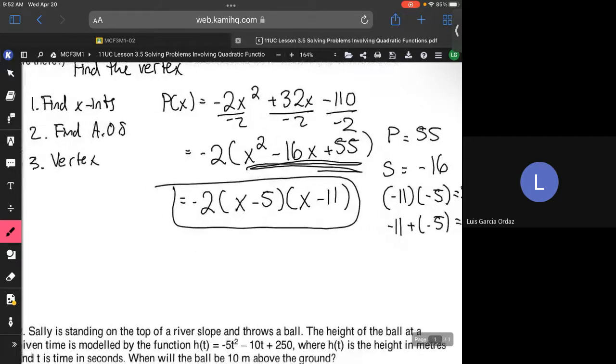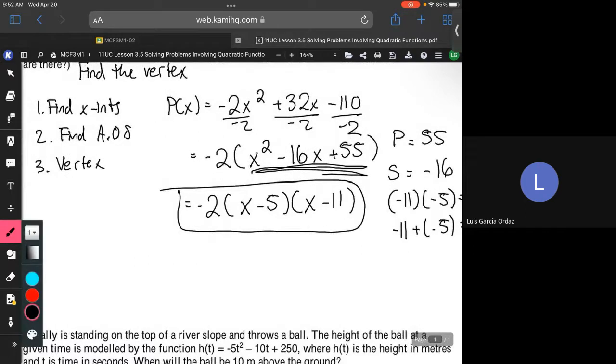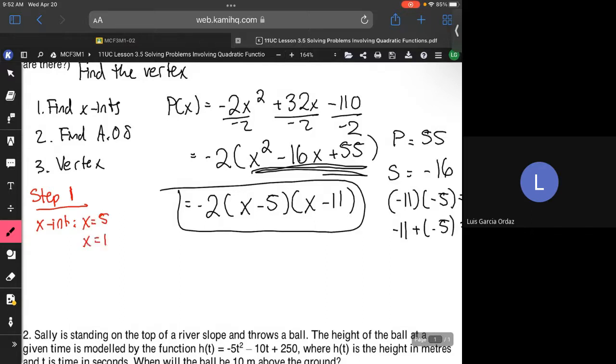So now we can start our process. So we're going to start with step 1, which is finding my x-intercepts. So what are my x-intercepts in this equation? Sarah? So x is equal to 5 and x is equal to 11.